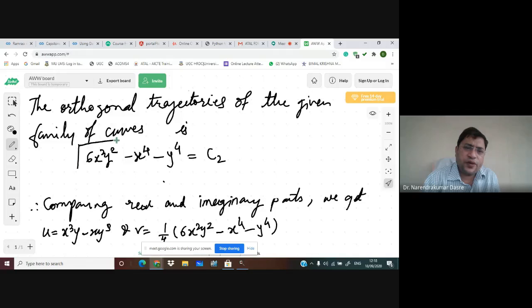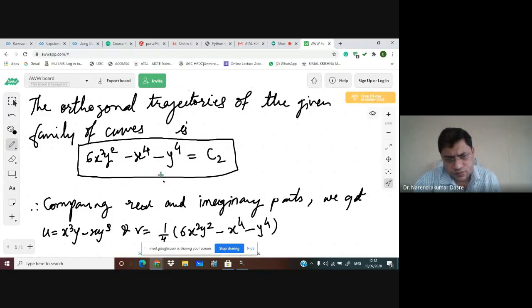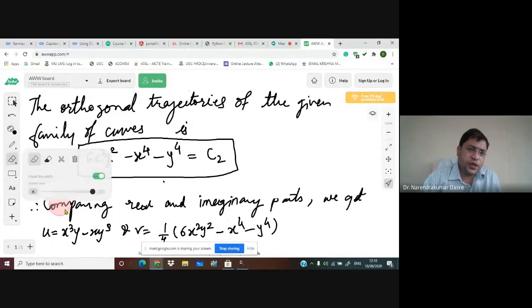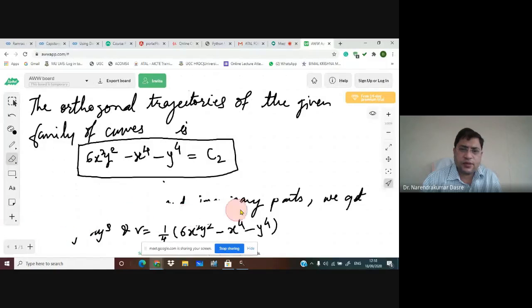And this way we are able to find the orthogonal trajectories for the given family of curves. Okay, so this will be the final answer that you will have.